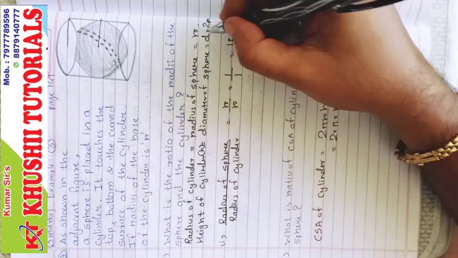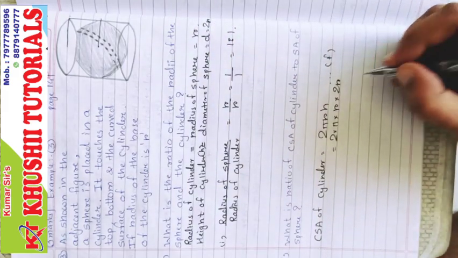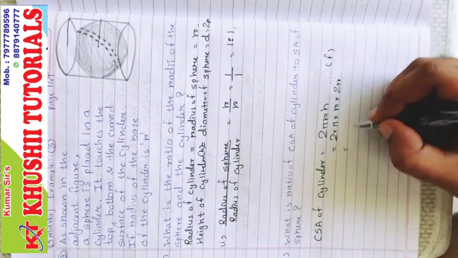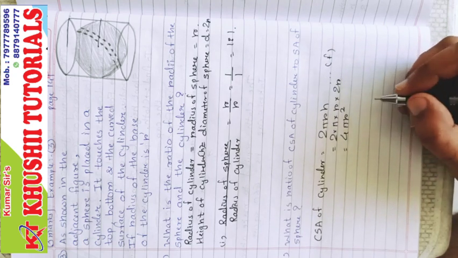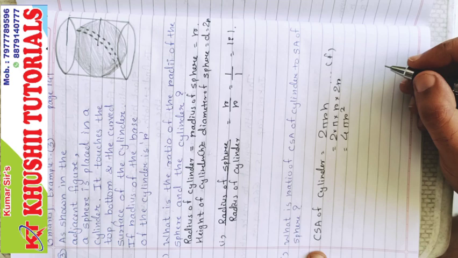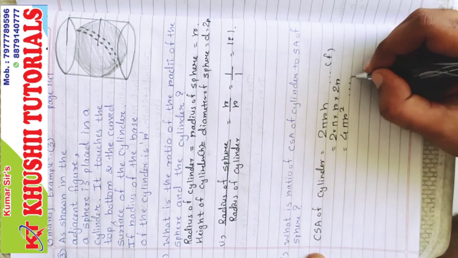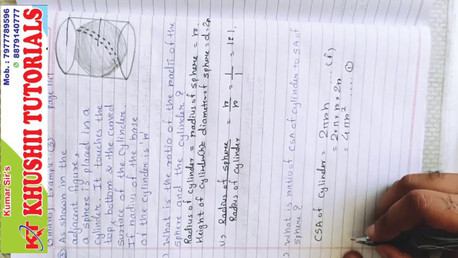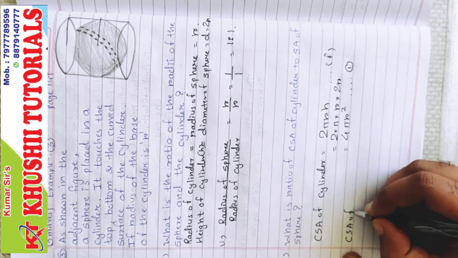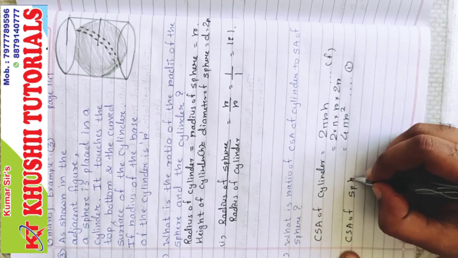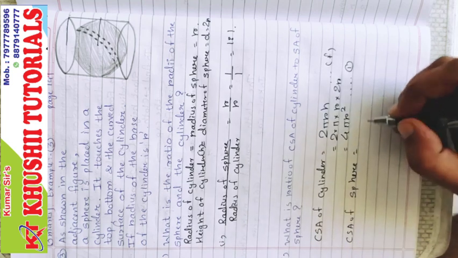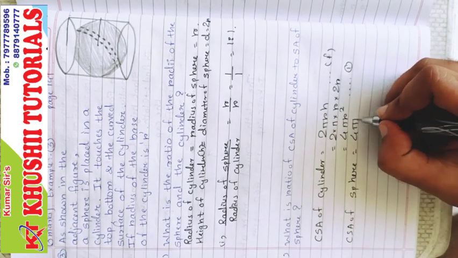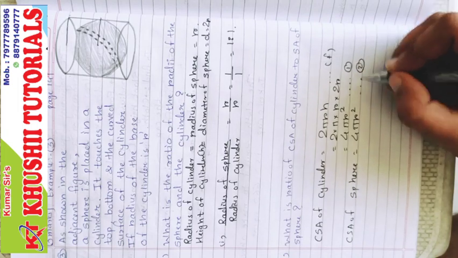Height is h, and which is double of radius, 2r. So 2 2s are 4 pi r square, that is curved surface area of cylinder. We'll mark it as 1. Then CSA of sphere, formula is 4 pi r square, mark it 2.